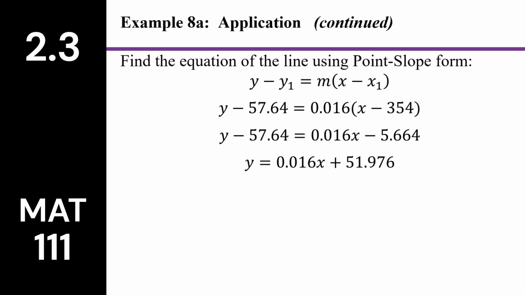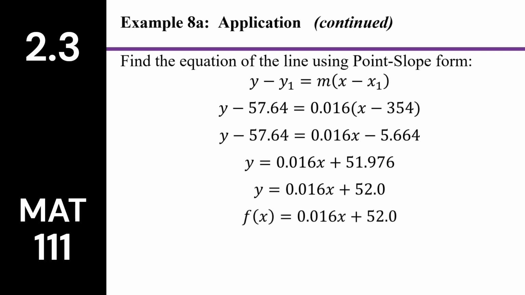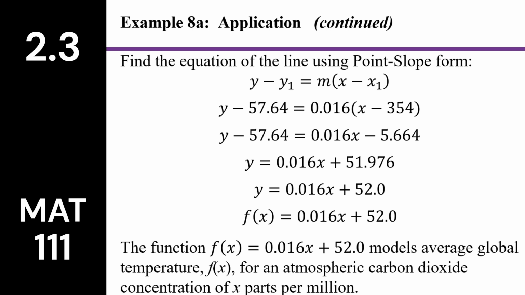And recall they wanted us to round that to 1 decimal place, so we get 52.0. They asked us to write it as a function f of x, so instead of y notation, we rewrite it with f of x notation. That is the function that will model average global temperature for a particular atmospheric carbon dioxide concentration of x parts per million. That's example 8a.